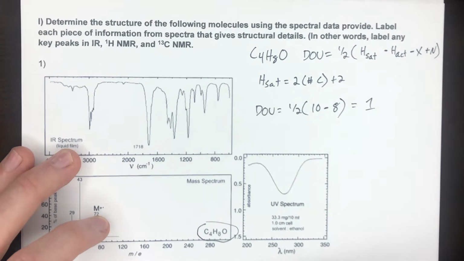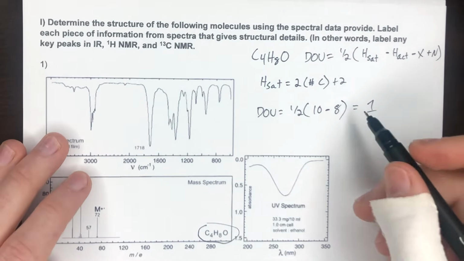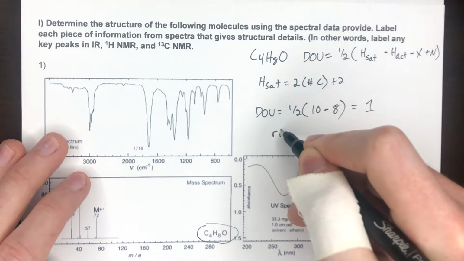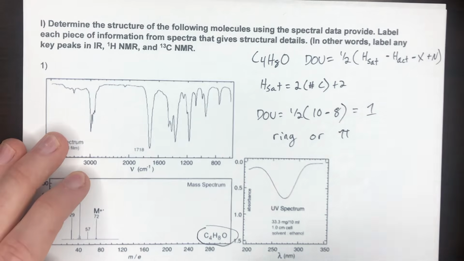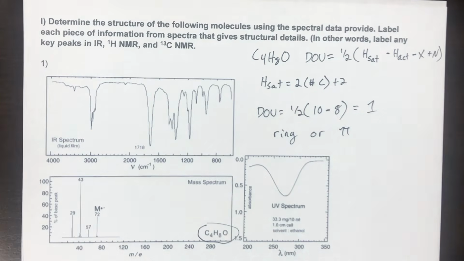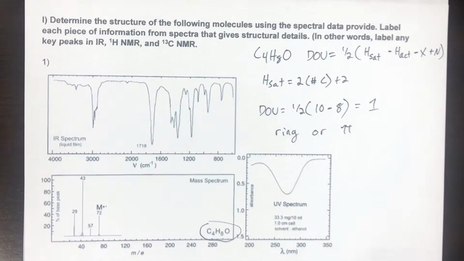So there's 1 degree of unsaturation. Again, this means that there's 1 ring or 1 double bond, a pi bond, here. Now, a question that I should answer now, which isn't relevant to this problem: if you had a triple bond, that would have at least a degree of unsaturation of 2, one for each of the pi bonds in the triple bond.